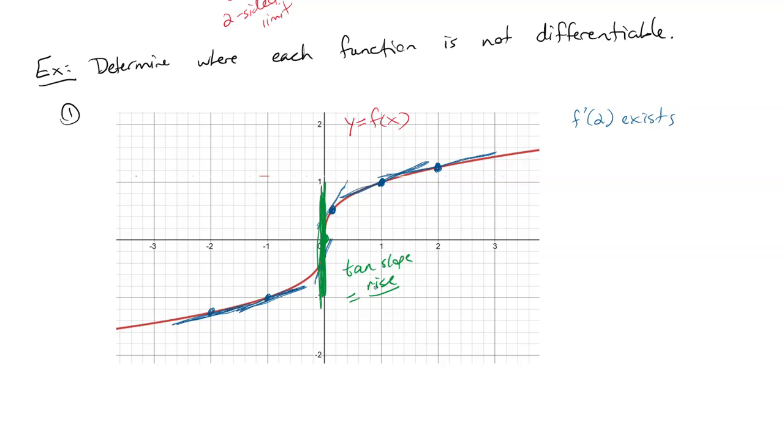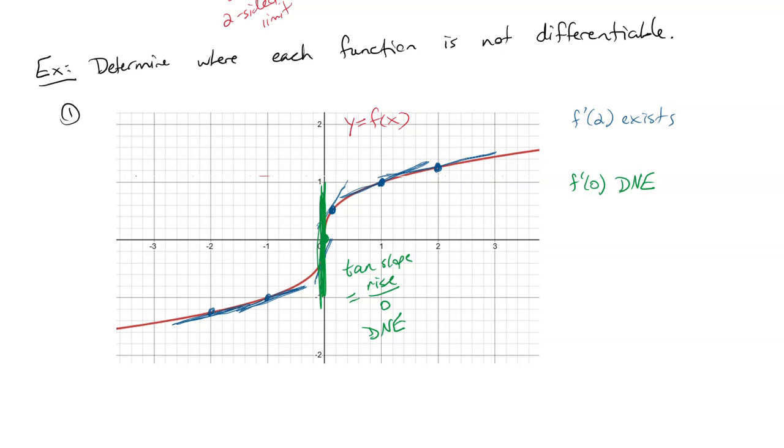But the key part here is the run, the horizontal change. The delta x is 0. So here the tangent slope does not exist. That means f prime of 0 does not exist because the tangent slope does not exist. You get a vertical slope.